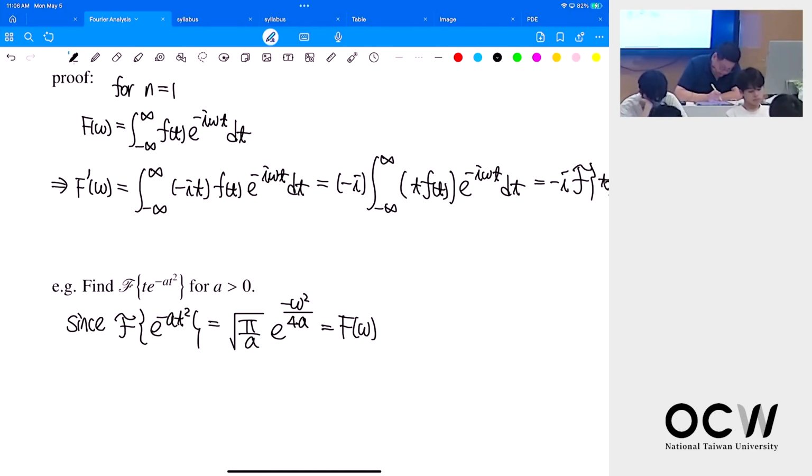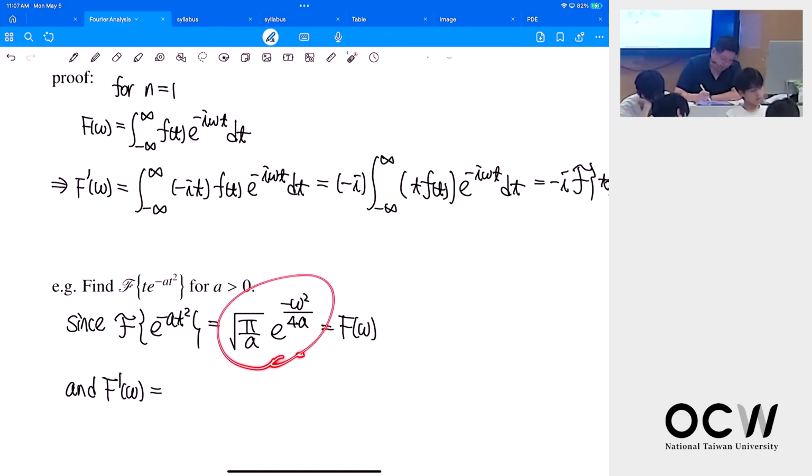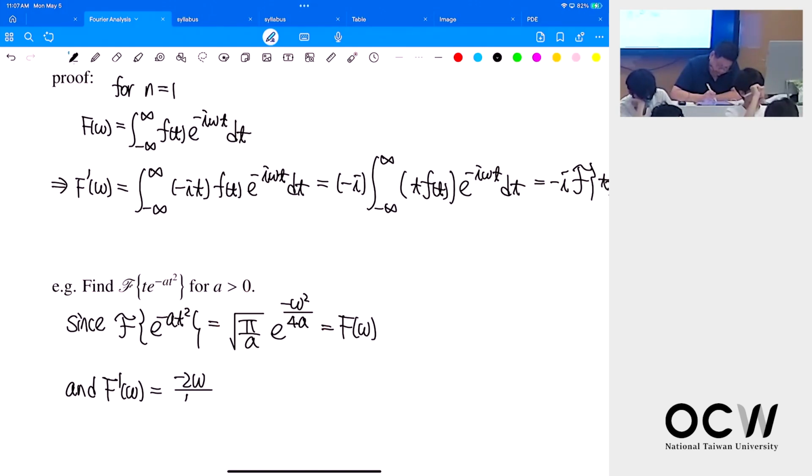Now I take the derivative. F prime of omega. You take the derivative with respect to omega, we get minus 2 omega over 4a and the square root of pi over a e to the minus omega squared over 4a.